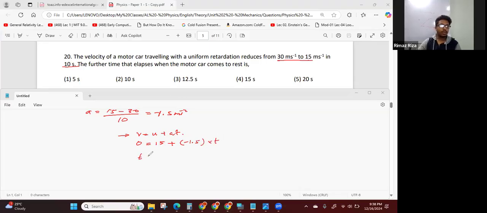So therefore t equals 15 divided by 1.5, which is 10 seconds. So therefore the answer is option 2, 10.